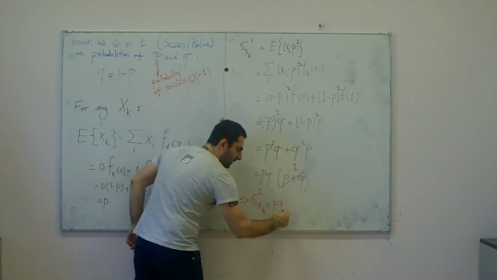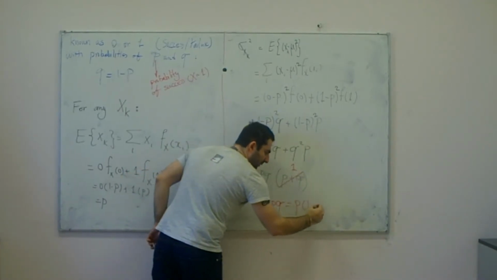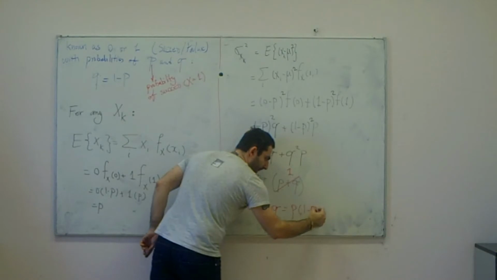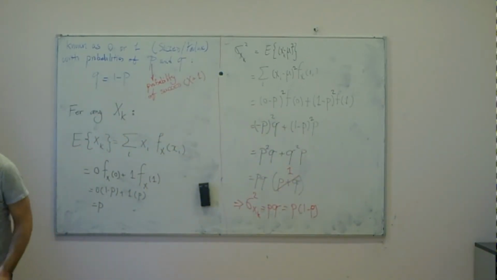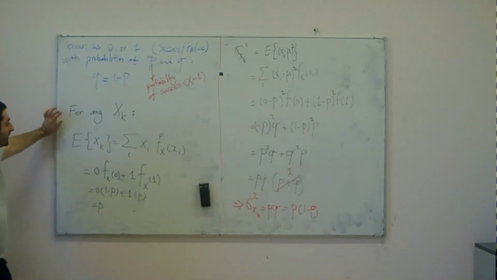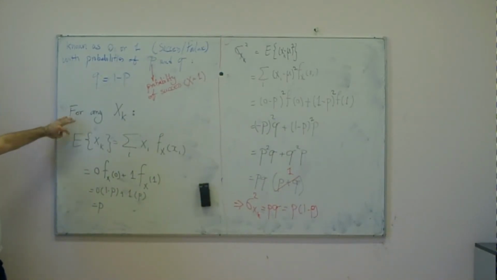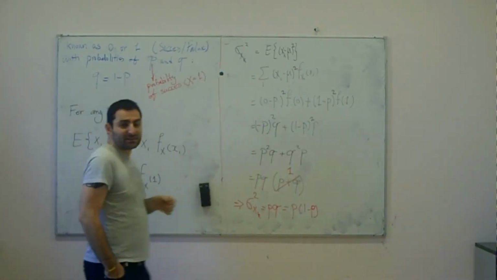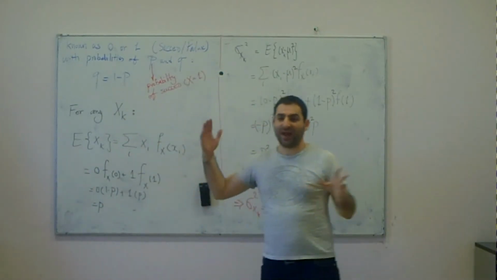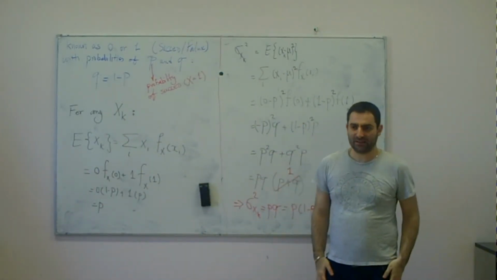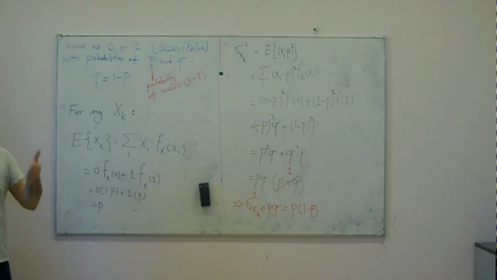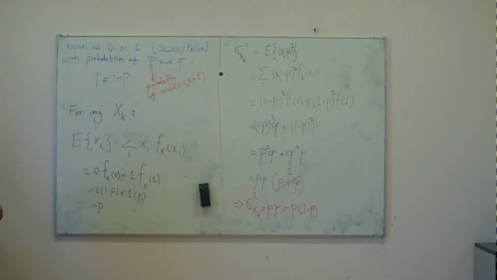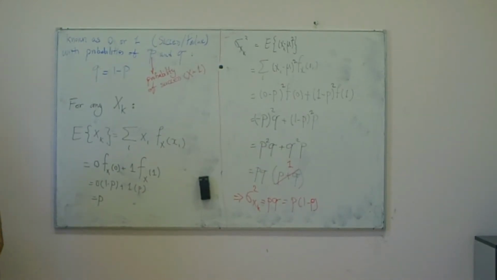So the variance is PQ, or P multiplied by 1 minus P. Now, we know for each k, and we said that we have this Bernoulli trial, which means that we have n of these xk's. Let's see, in that case, what will be the expected value and what will be the variance?